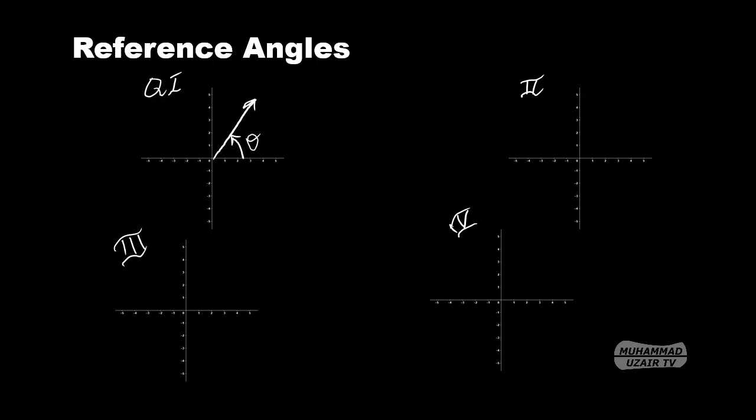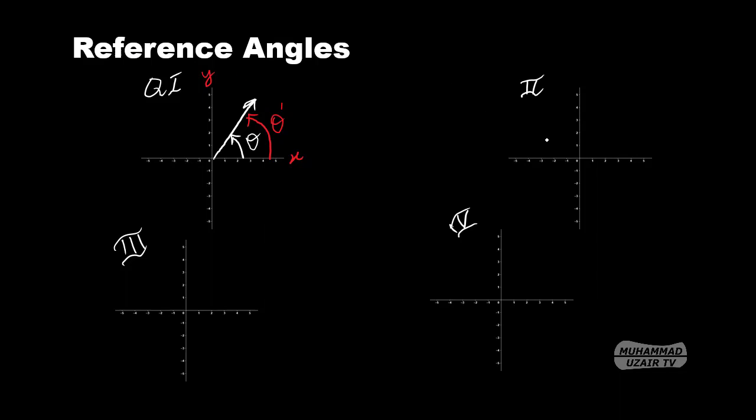So the reference angle is defined as the acute angle between the terminal side of theta and the x-axis. Let's suppose this is the x-axis, this is y. So this angle will be the reference angle in the first quadrant, because this is an acute angle according to the definition of the reference angle.